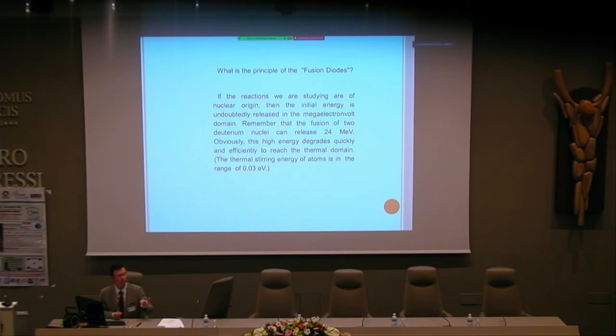Down conversion was theorized by Peter Goldstein of MIT, and it ends in the thermal energy range. But before going to the thermal energy range, down conversion brings the nuclear reaction energy into the electron volt range, and in this range of energy there is a lot of things to do.